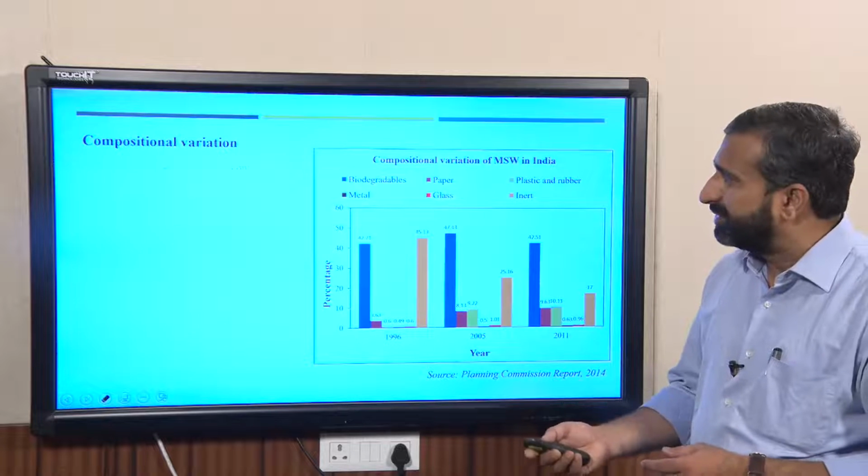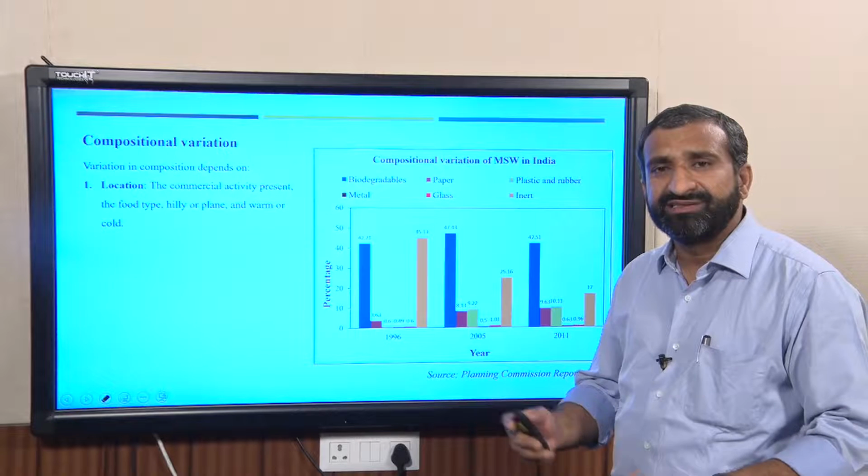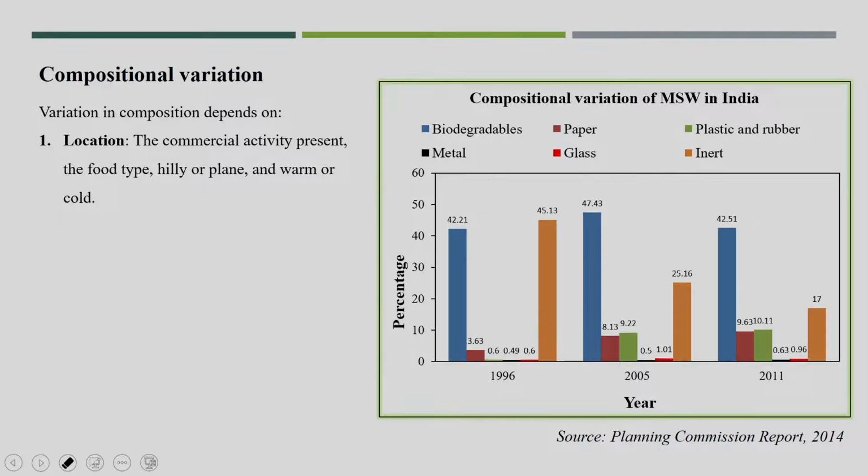This composition variation depends upon different parameters. The first is the location. That is, location-wise, what kind of commercial activity is in that particular location, and plain areas versus hilly areas, the entire physical composition will change. Even in warm and cold areas, these physical compositions change.